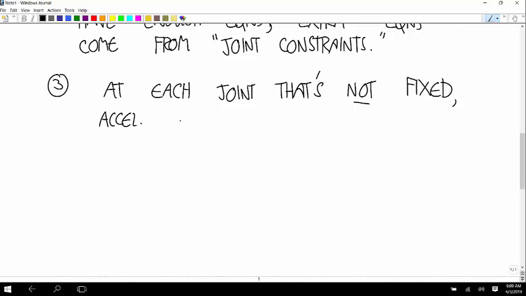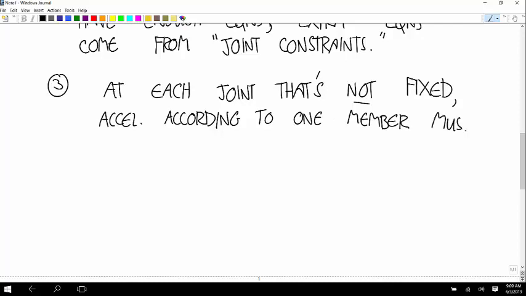So the acceleration according to one attached member must equal the acceleration according to the other attached member.